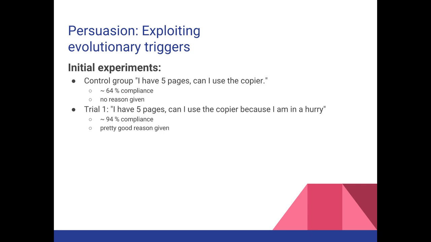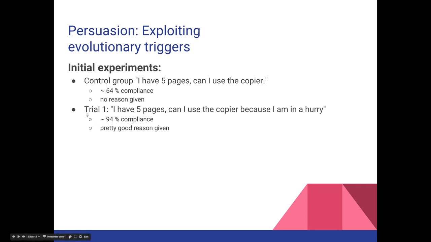So they'd have a very simple question for the control group saying, I have 5 pages, can I use the copier? And in general, through the trials, they got a 64% compliance rating. And there's no reason given. It's just a statement and a question: I have 5 pages. Can I use the copier? And 64% of the people asked did them the favor of letting them use the copier and cutting in line. Or rather, interrupting their use of the copier.